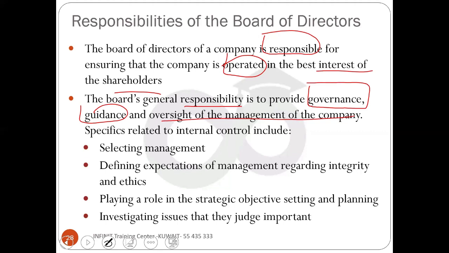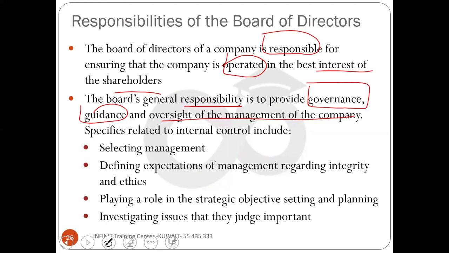Normally the directors will be experts in their own field. Maybe you will have a financial director, maybe an HR director. They will have years of experience, and they'll be able to make suggestions or give guidance for the organization.